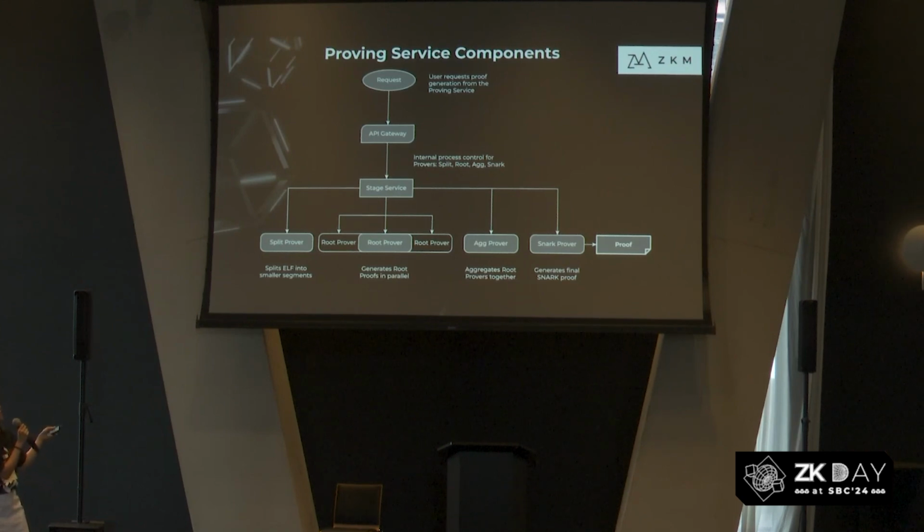From there, we enter into the stage service, and that's responsible for handling all the different components of the prover. So we have the split prover that's responsible for splitting the ELF into the segments, the root provers, which generate those root proofs in parallel, the aggregate prover, which aggregates those root proofs together, and then the snark prover, which generates that final snark proof.